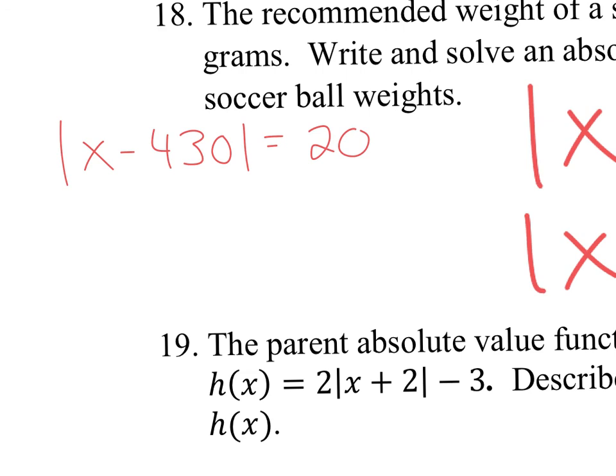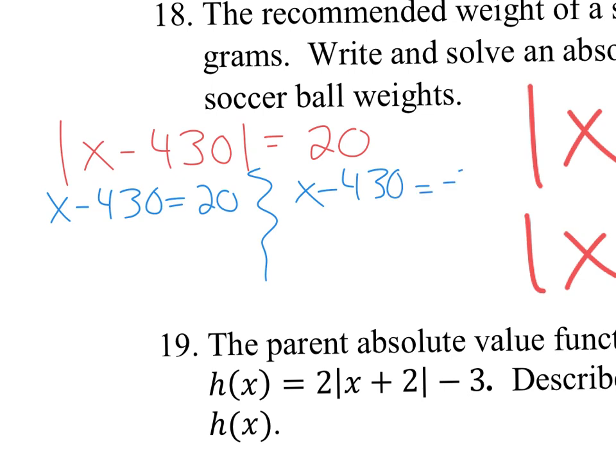Now if I want to find the maximum and minimum, all I have to do is simply split it down the middle and do x minus 430 is equal to 20, and x minus 430 is equal to negative 20. Does that make sense? Now all you have to do is add on either side, and x is going to equal 450.